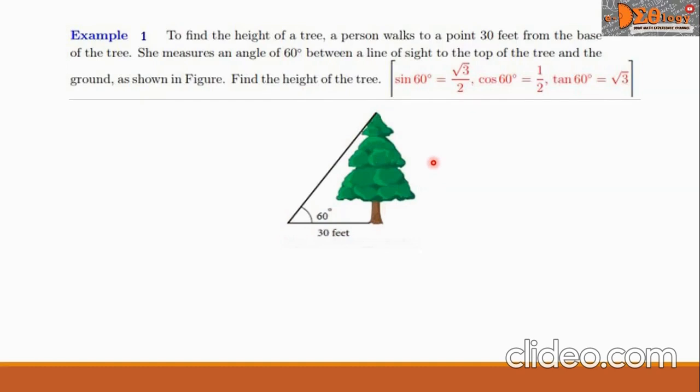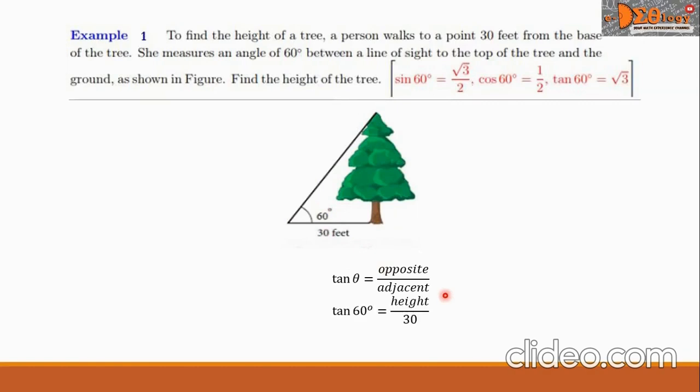In relation to the right triangle, the height of the tree corresponds to the opposite side of the angle. And this 30 feet here corresponds to the adjacent side. It means we need to use the tangent ratio, which is equal to opposite over adjacent.